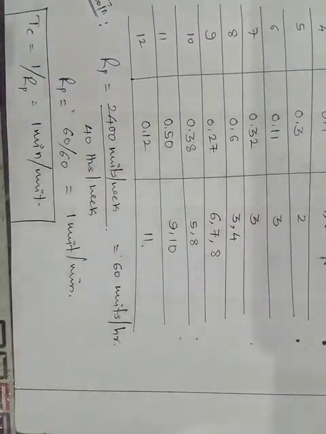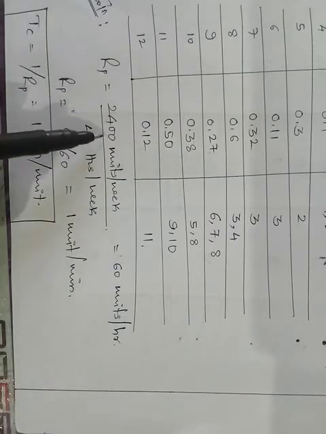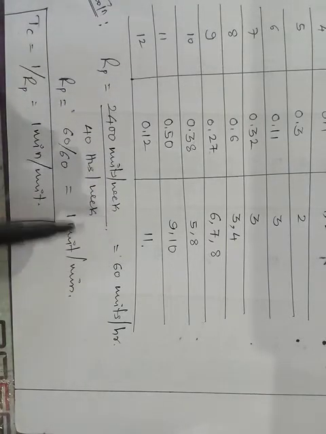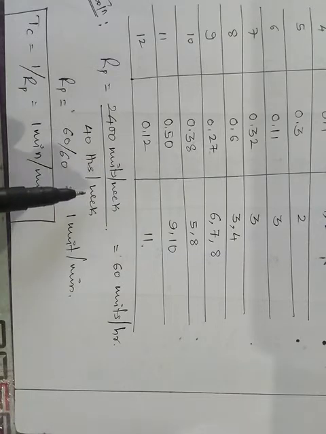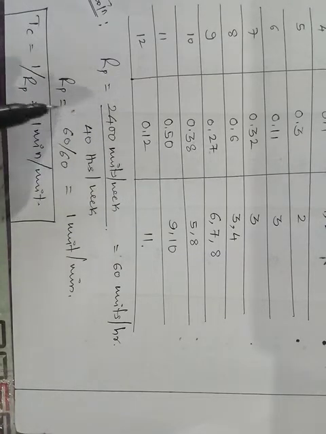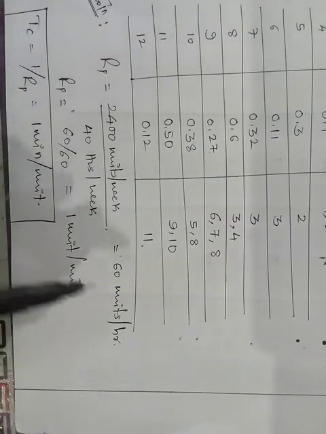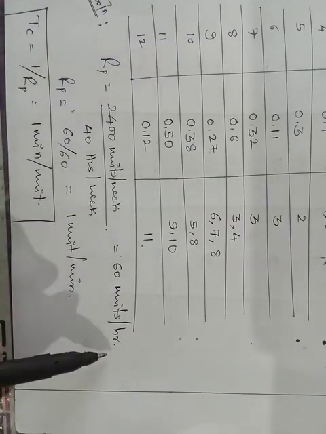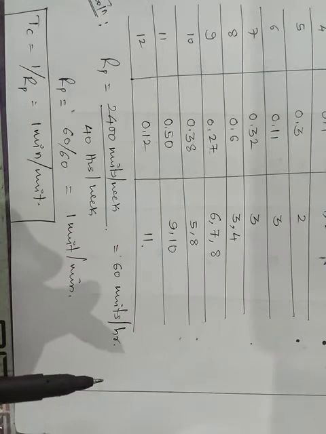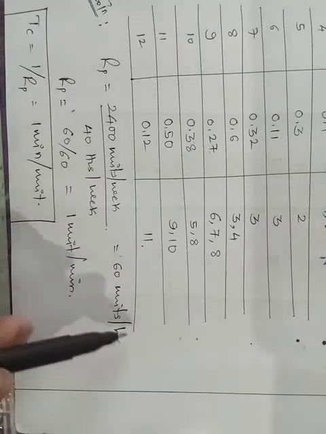So initially RP, which is production rate, is calculated as demand rate 2400 units per week divided by working hours, which is 40 hours per week. So here week and week gets cancelled. 40 times 60 is 2400. So it is 60 units per hour. But since my work element time is in minutes, I will convert this hour into minutes.